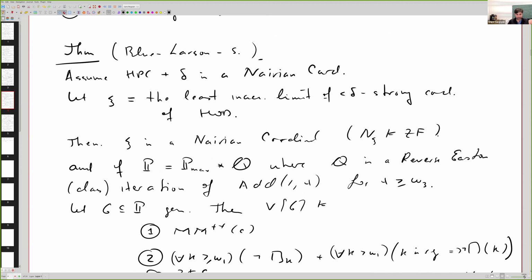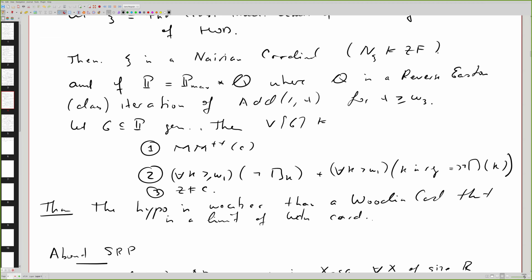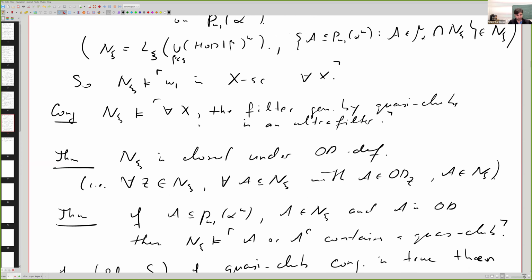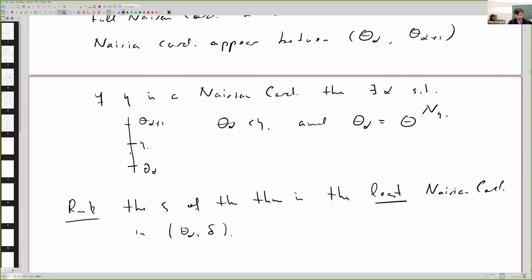You could define that as just the least one that will satisfy being a model of ZF. It's equivalent to saying psi is the least Nairian cardinal. In that interval, you take delta. I guess in the picture here I put eta, but it will be the least one in that window.